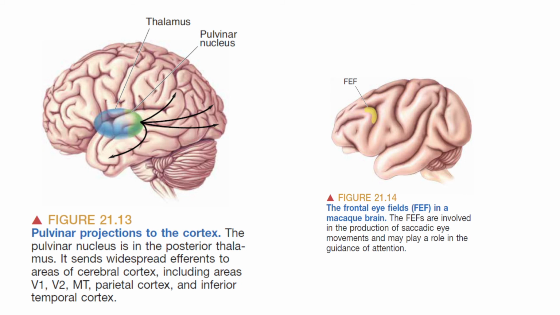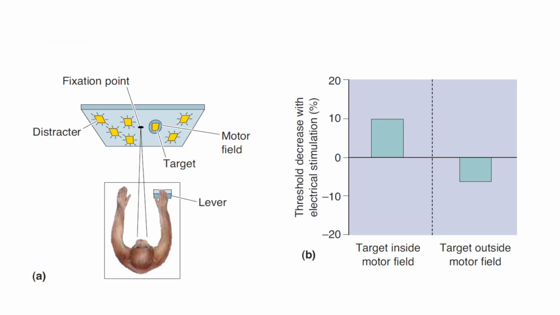And figure 21.14 is showing a rhesus monkey's brain, and they show one specific and very important area related to attention and eye movement, which is the frontal eye field. They show this because in the next experiment they're going to not only record activity, but also stimulate this frontal eye field.